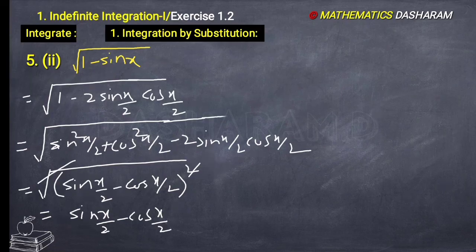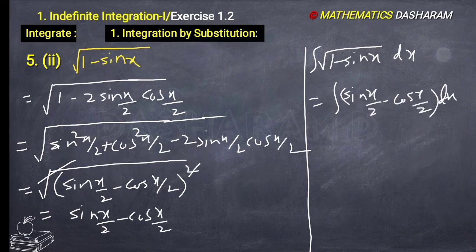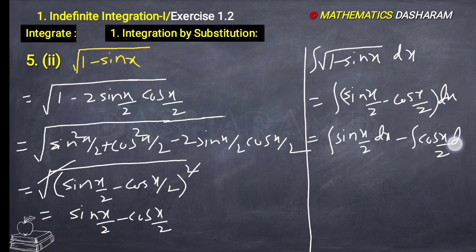Now let's find the integration. Integration of under root 1 minus sin x dx equals integration of sin x by 2 dx minus integration of cos x by 2 dx. Now the integration of sin x is minus cos x. So minus cos x by 2, and take the derivative of x by 2, that is 1 by 2.